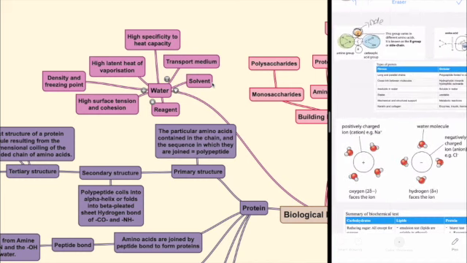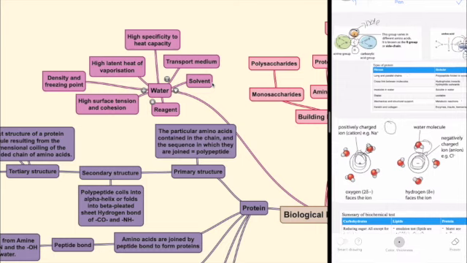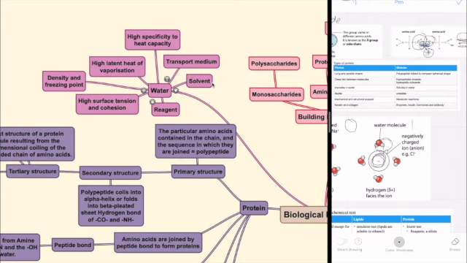So if the solution is positively charged, the oxygen will be facing the positively charged. However, if it's negatively charged, the hydrogen will be closer to the solution. So if it's positively charged, the oxygen will be attracted. If it's negatively charged, the hydrogen will be attracted.